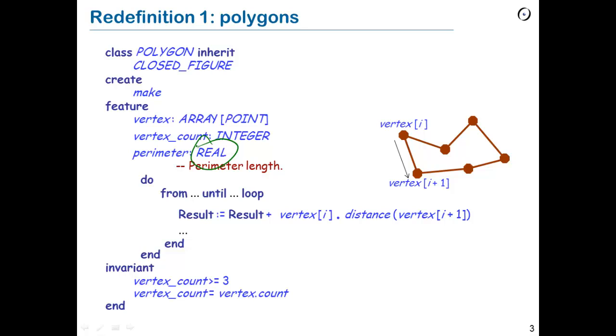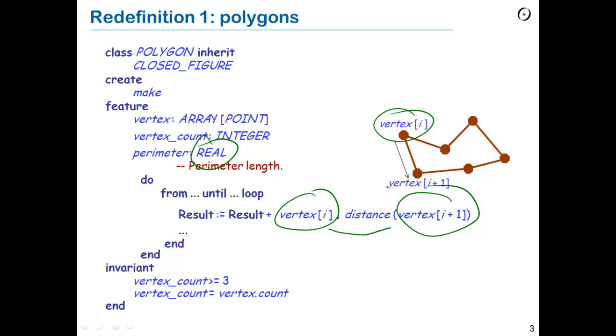Initially it will be 0. We update it by the distance from vertex number I to vertex number I plus 1. And it needs to be done a bit better than that, because when we get to the last vertex, we don't want I plus 1. Maybe we want I plus 1 modulo vertex count, because the next vertex is the first.